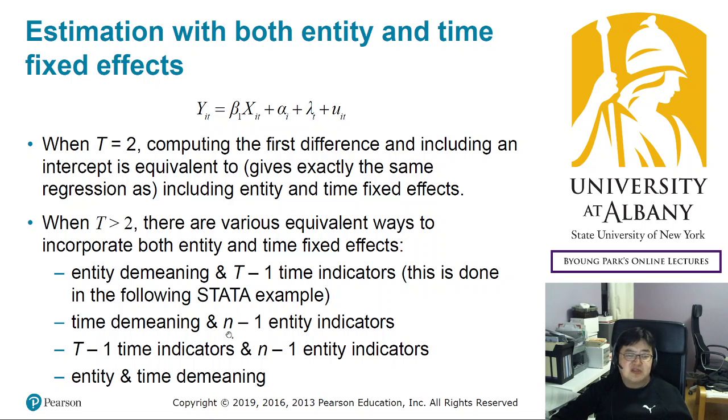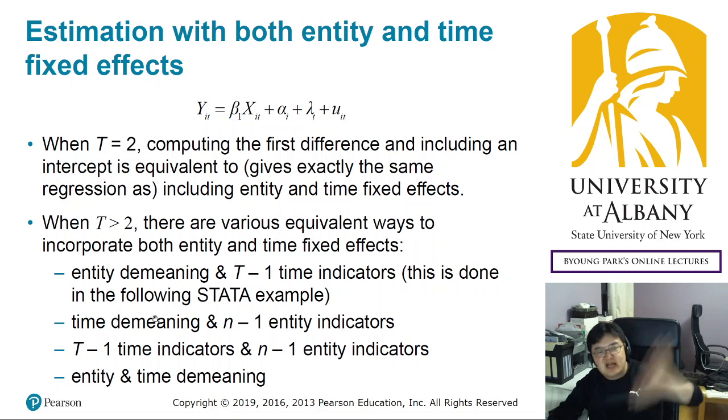Of course, remember the main problem was the large number of dummy variables, and usually the large number happens with n. If t is greater than n, then of course you have to use this method. Canceling out t is more efficient than canceling out n if t is larger than n.